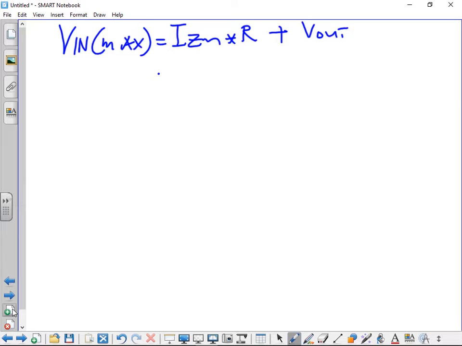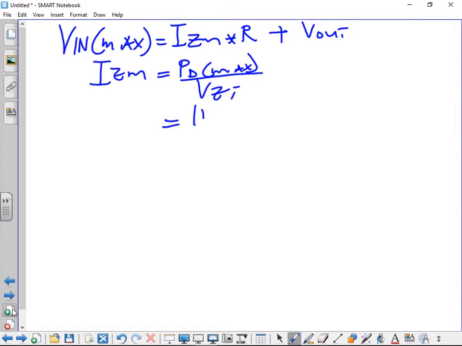First, to get IZM, as it's not specified in the datasheet, IZM is given by Pdmax divided by VZT. Pdmax in this case is 1 watt for all temperatures of up to 50 degrees Celsius.